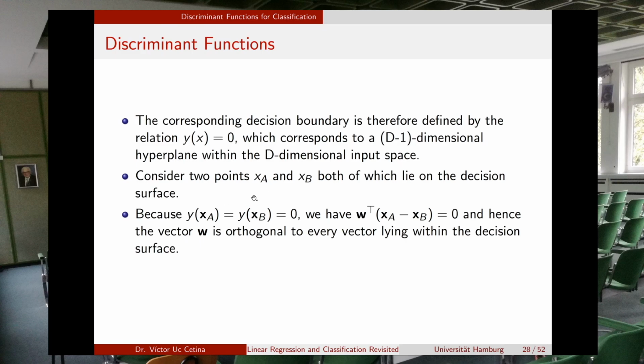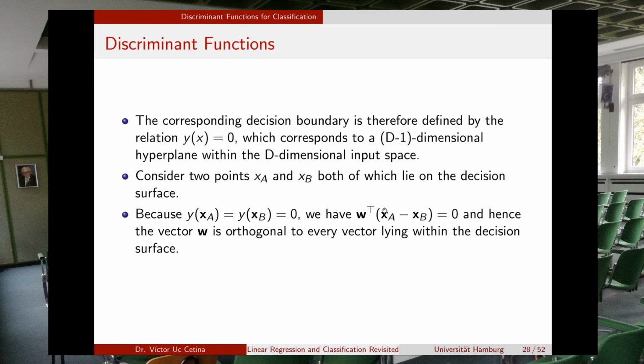Since they are in the decision surface, y of xa and y of xb will be 0. We will show in the next slide that the dot product of the vector of parameters w and the subtraction of these 2 points is 0.